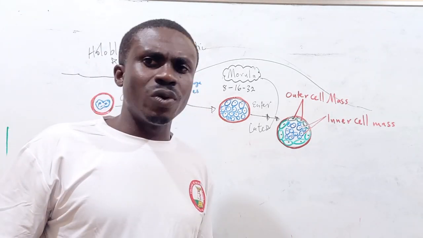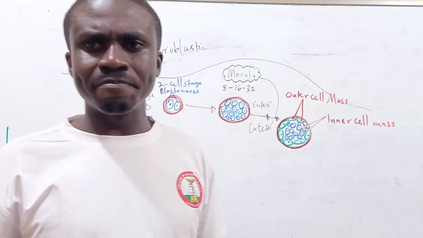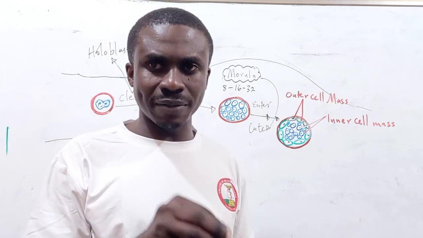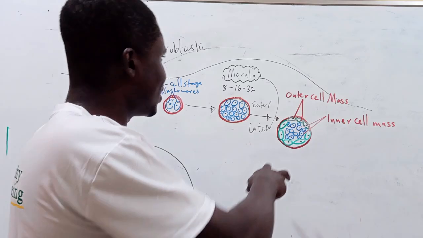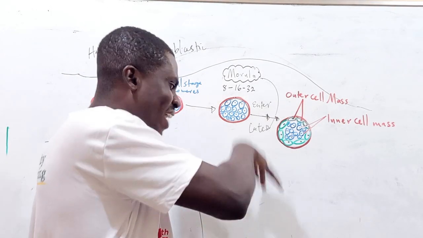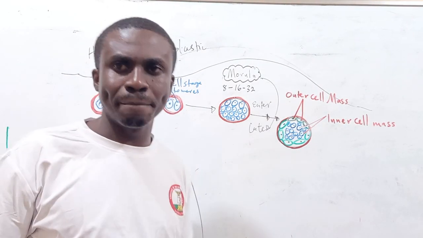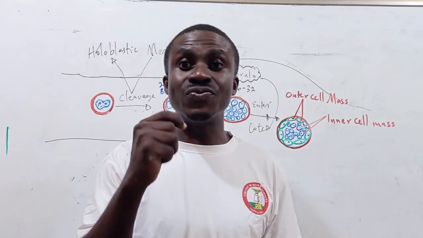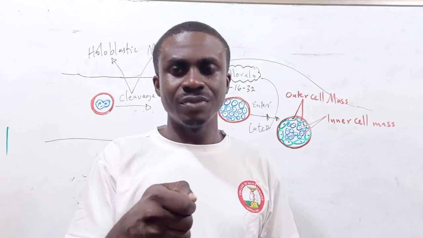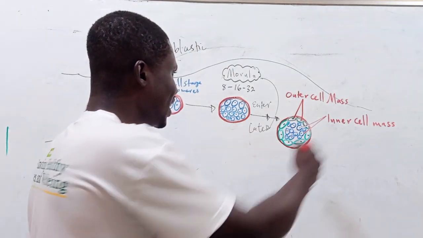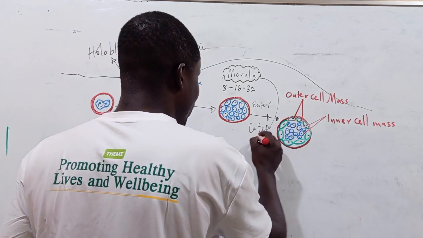Now, the question is, on what day does this late morula arrive in the uterine cavity? My friends, your answer is day 4. Fourth day is the day that this guy will arrive over here.